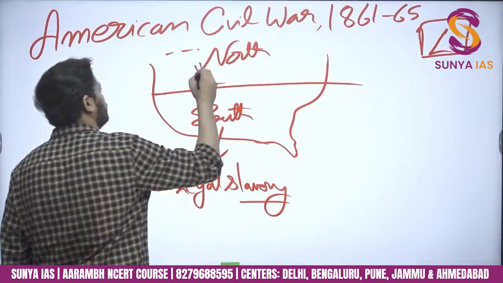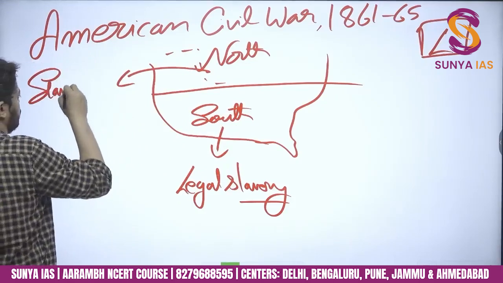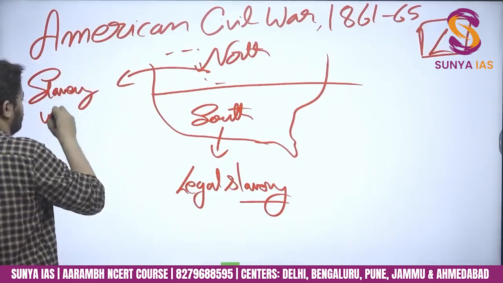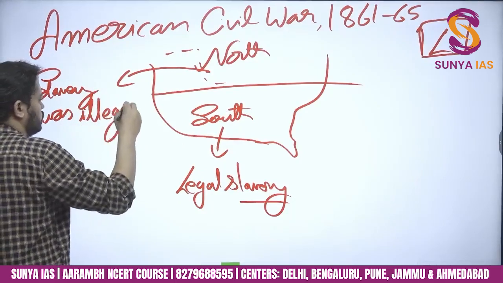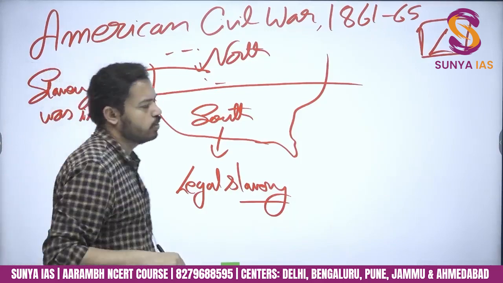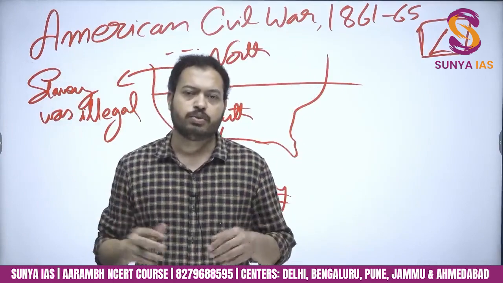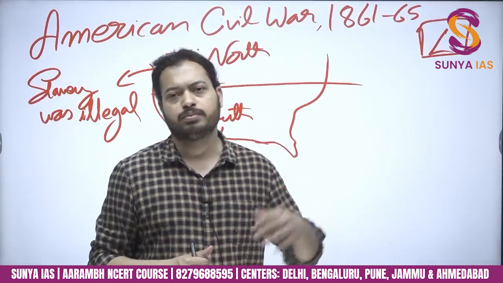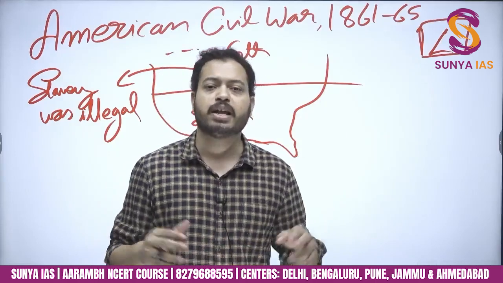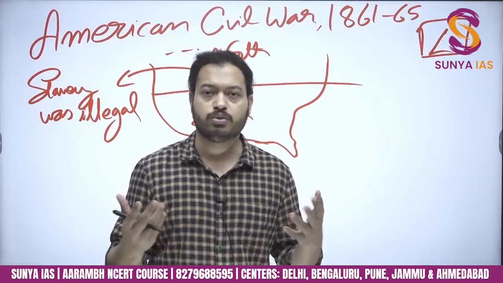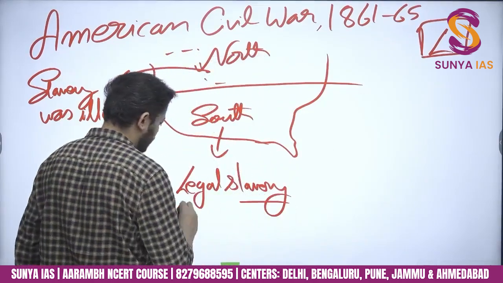In the northern region, slavery was illegal. Abraham Lincoln said in his election manifesto that he will make slavery illegal throughout America, and therefore when he was elected as the president of the United States, the southern states came together and instead of United States of America, they made a new country called the American Confederation.